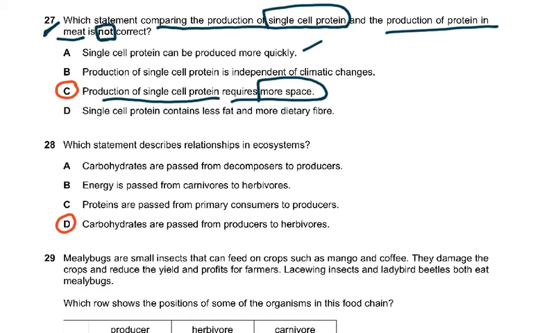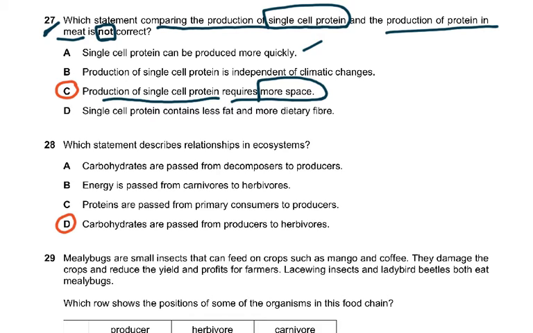Single cell proteins are produced in the lab. In one room, you can have a lot of single cell protein, but if you have to grow chickens or have cow's meat or sheep's meat, well, they require a lot of space for grazing, for eating grass, and chickens for eating grains.